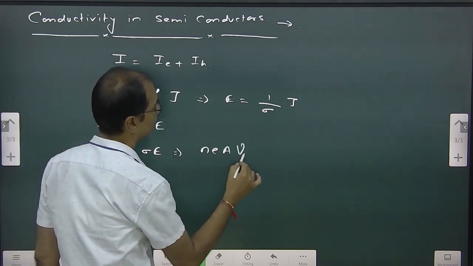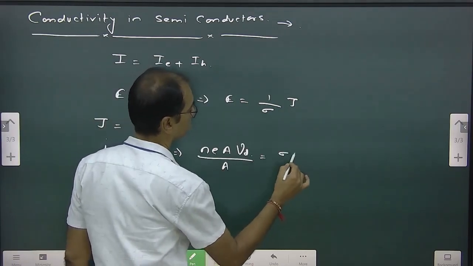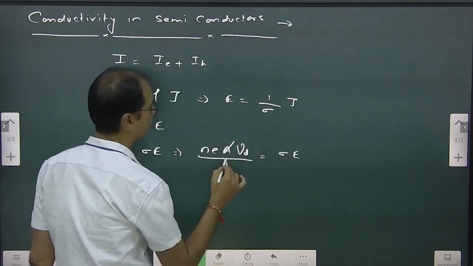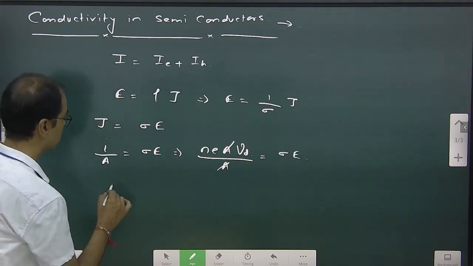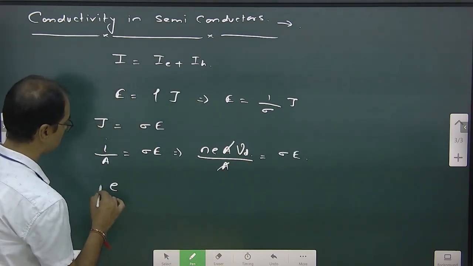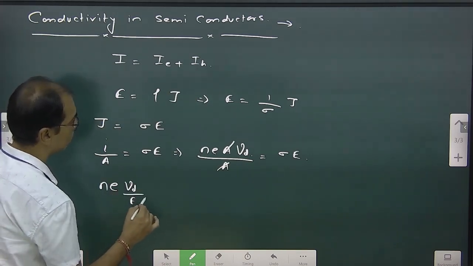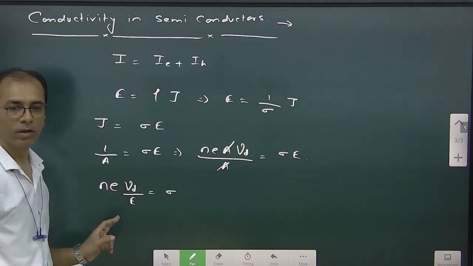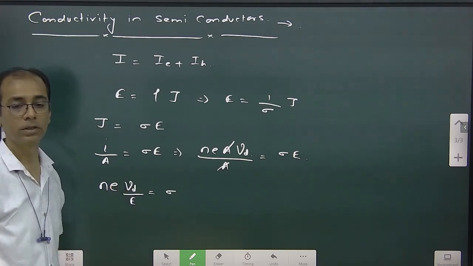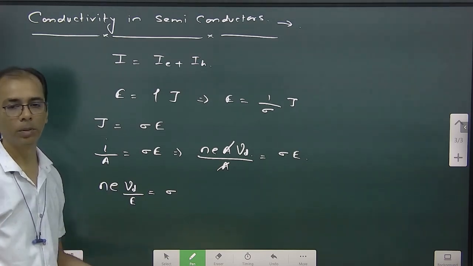n e A v_d by A equals sigma E. A and A cancel. Then n e v_d by E equals sigma. Drift velocity per unit electric field is called mobility: mobility of electron, mobility of holes.